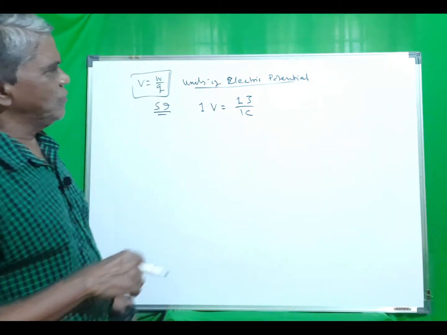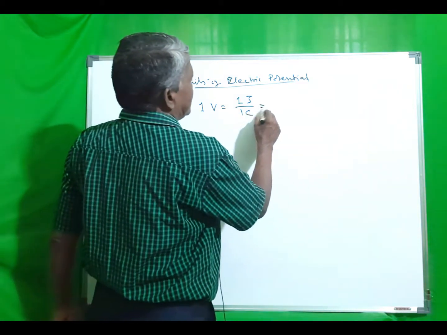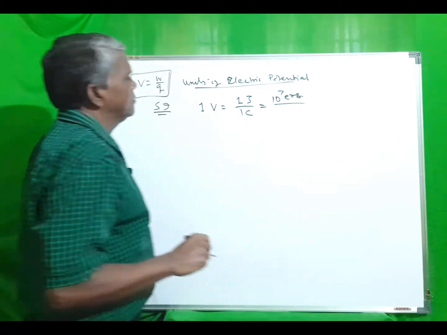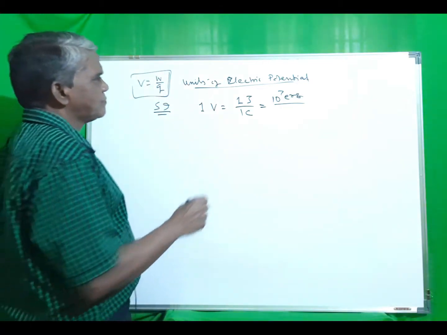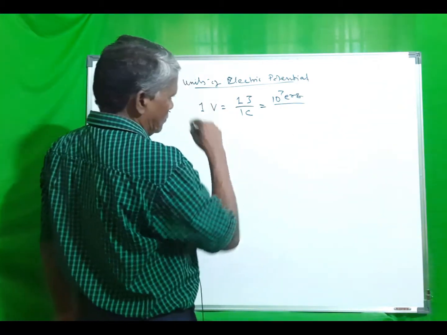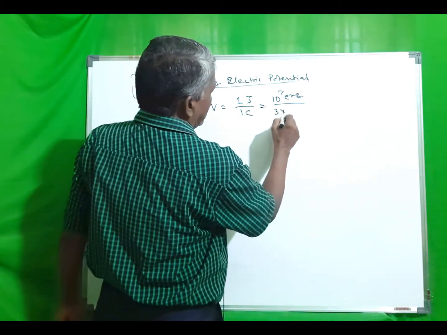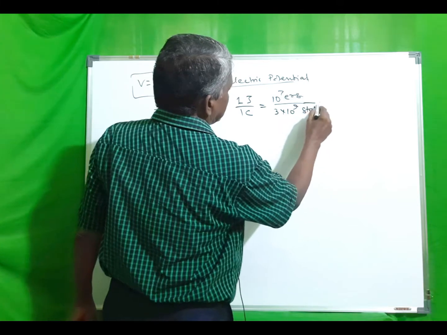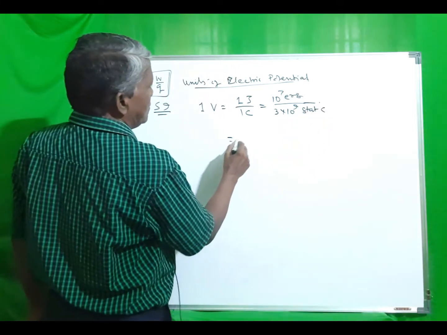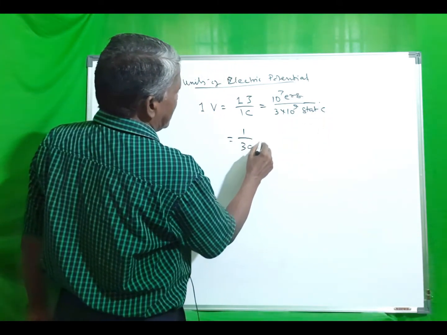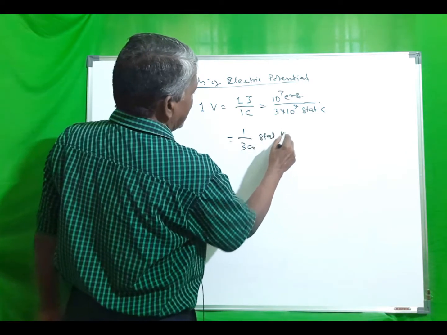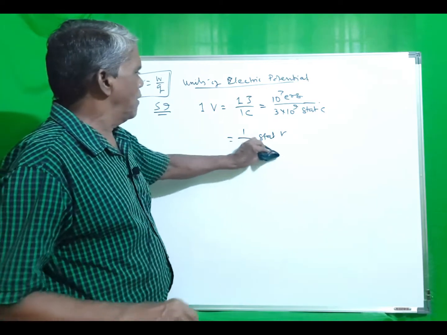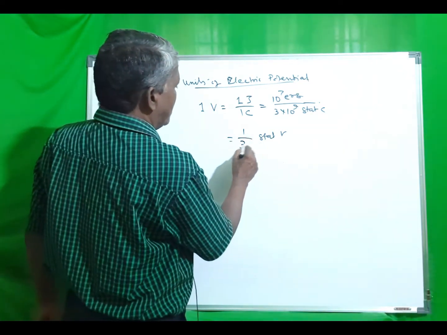So 1 volt is 1 joule by 1 coulomb, that is 10 to the power 7 erg by 3 into 10 to the power 9 statcoulomb. So this is 1 by 300 statvolt.